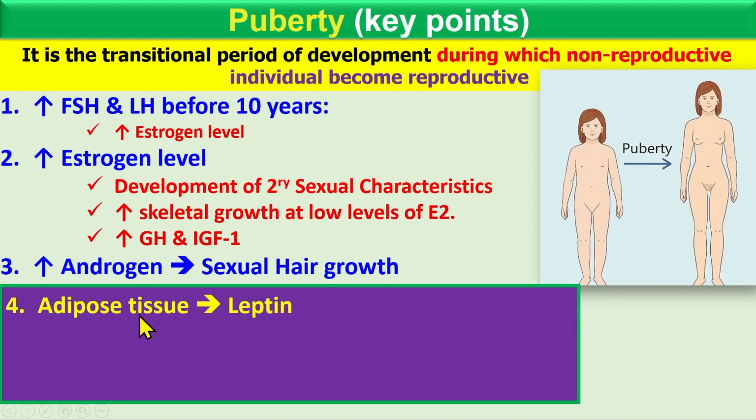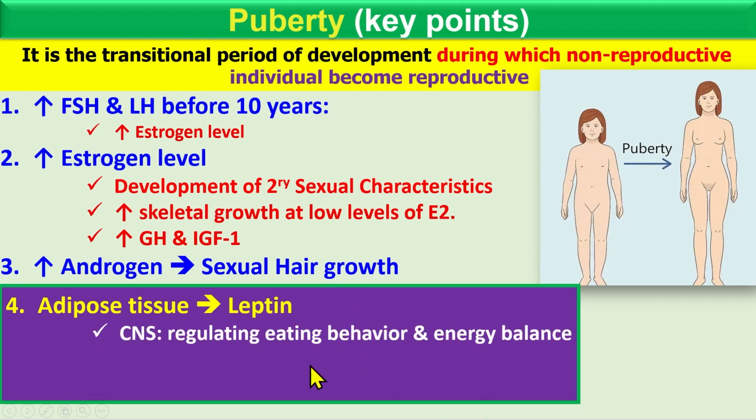Okay, and an important thing you should note is the next new point, which is that adipose tissue provides leptin. So leptin also plays a role in puberty. For example, in the CNS they regulate the eating behavior and the energy balance, and high leptin induces early menarche. So if there is high adipose tissue and high leptin, it induces early menarche.